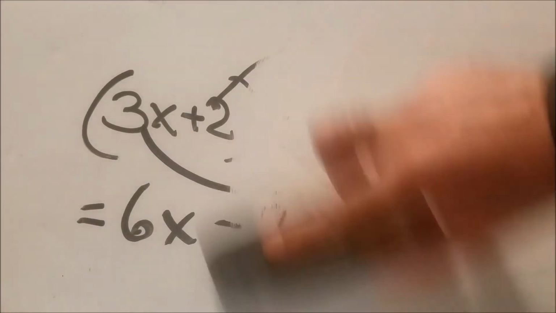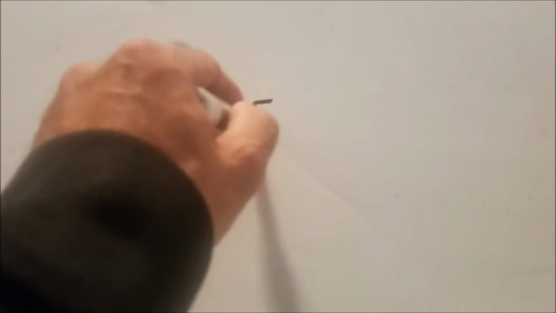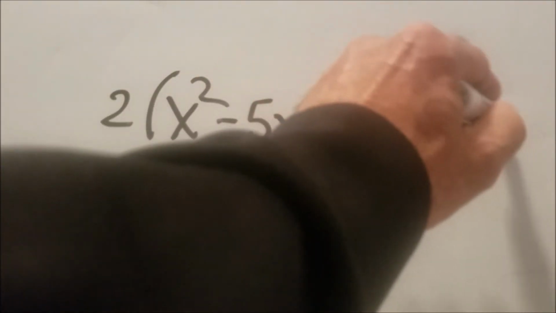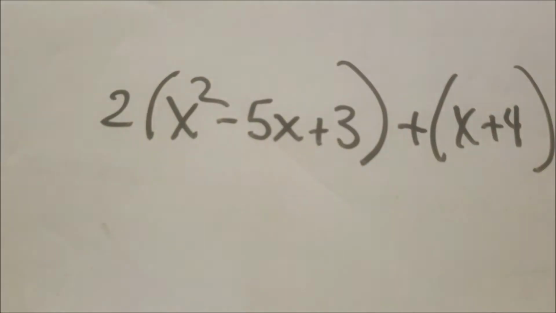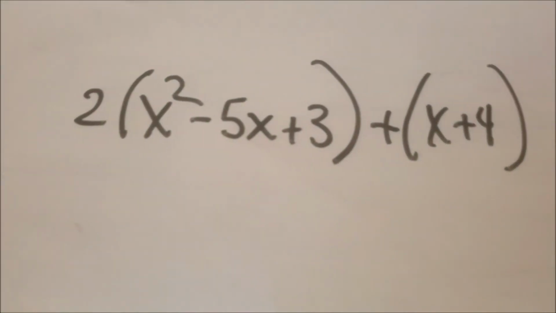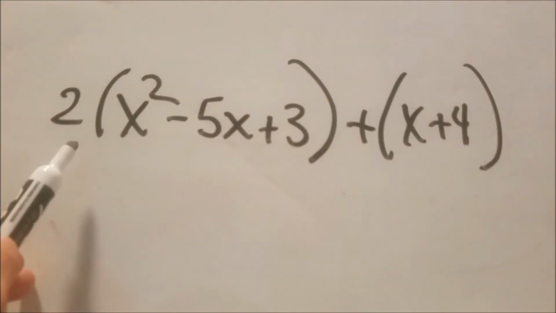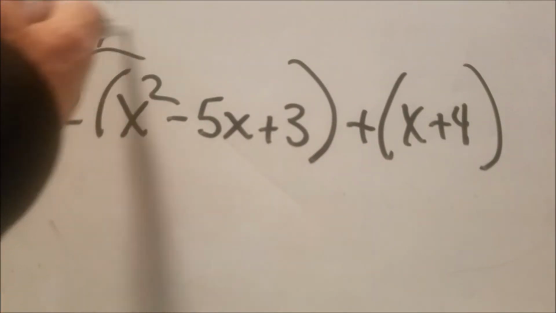Okay, let's do another addition one. What if I had 2x squared minus 5x plus 3, and then I want to add it to x plus 4? All right, move that over a little so you see it. So here we've got to distribute again like we did with multiplication. Don't forget to distribute this first.